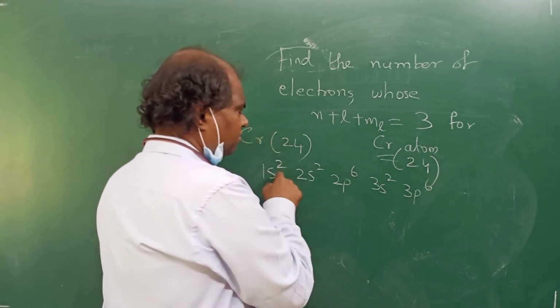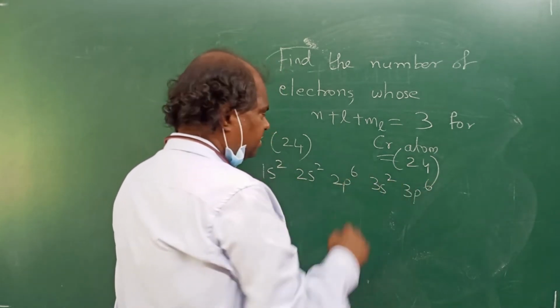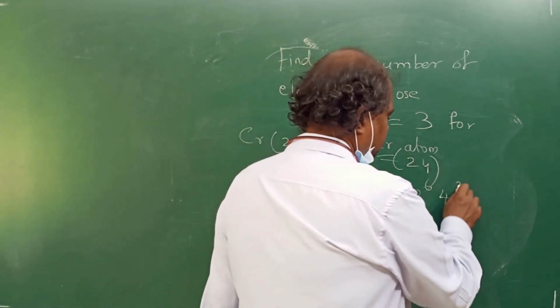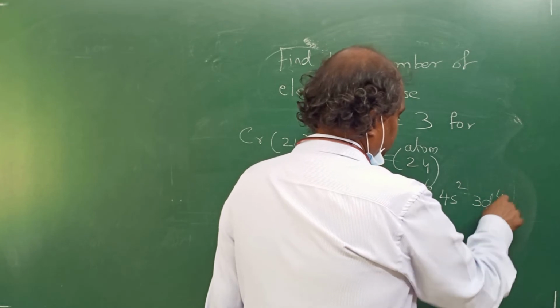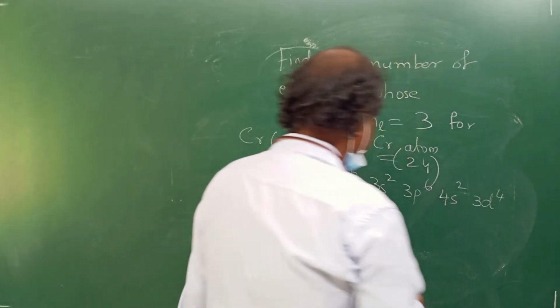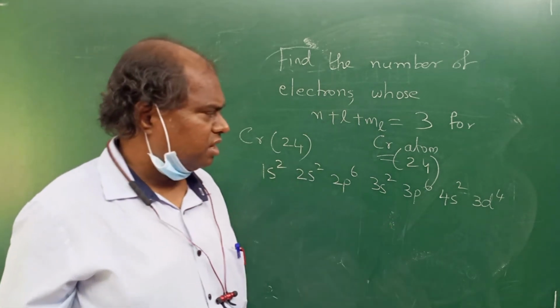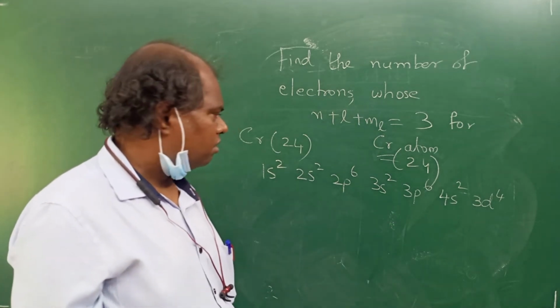Correct. Already you have taken care of how many electrons? 10 plus 18. 18 is already over. Okay. 4s2, 3d4. So now you are getting 24. Just check it up. You will get 24 electrons, right?